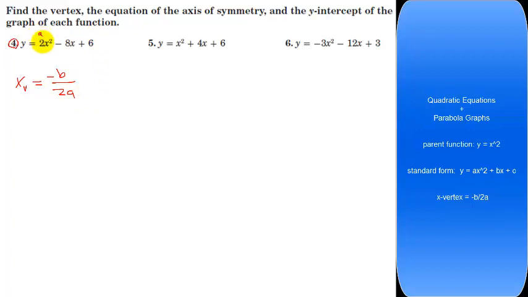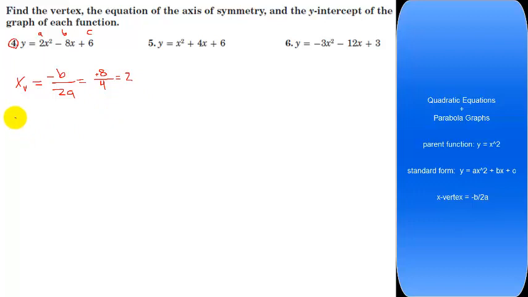So a is 2, b is negative 8, and c is positive 6. So negative b, well, b itself was negative 8, so negative of a negative is positive 8. Divided by 2a, well, a is 2, so 2a is going to be 4, and 8 divided by 4 is 2.